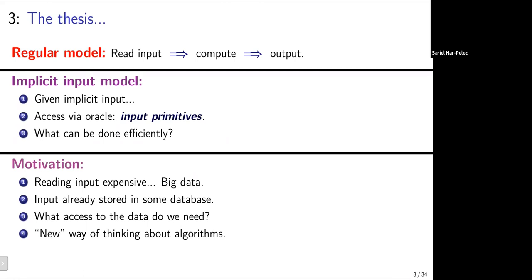You're usually building an algorithm within some bigger framework, and the data is already available, and you might already have these basic input primitives that can make things faster. And at a more philosophical level, the question is what access to the data do we need, and what can we do with this access. At some level, it's a mildly new way of thinking about algorithms, and the hope is to get something interesting on the way.